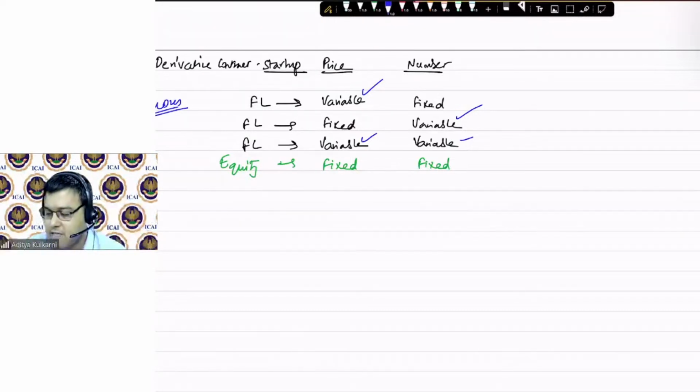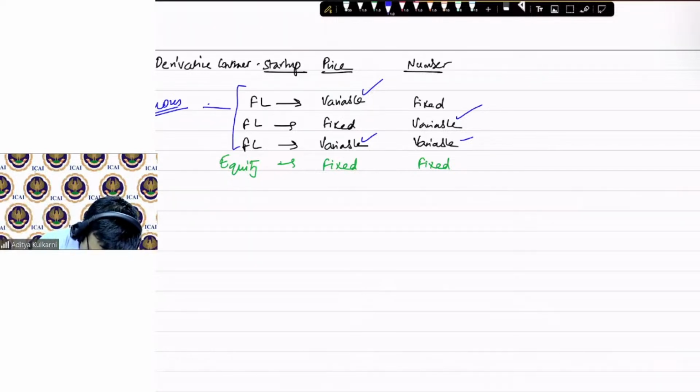But how is this 5 crores getting compensated for? This 5 crores is getting compensated for either by issuing a fixed number of shares for a variable price. When the private equity says, I want to invest for 30%, I need 30% shares of yours, so he is fixing his stake.